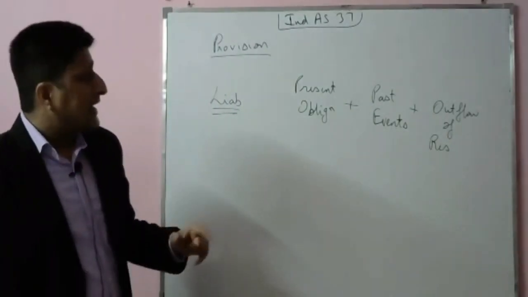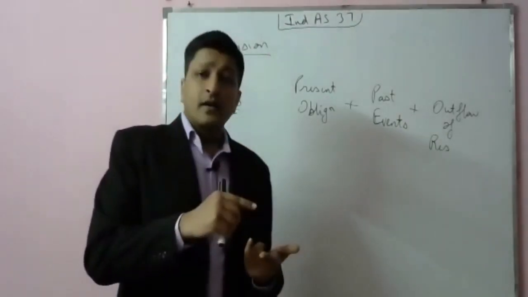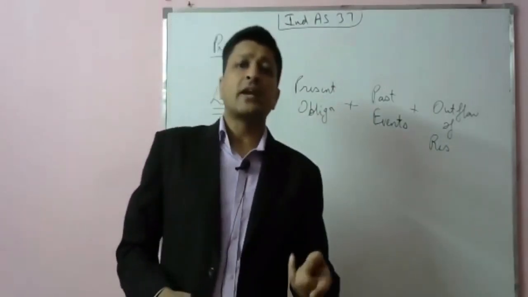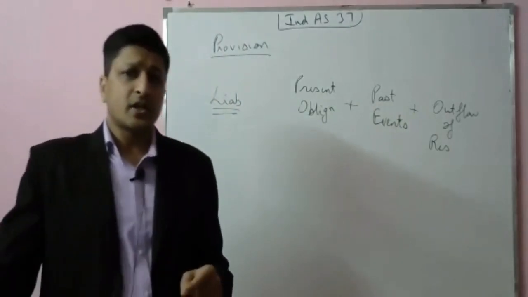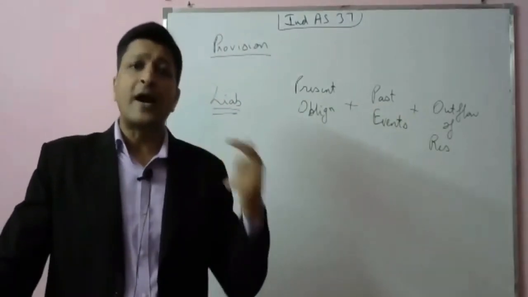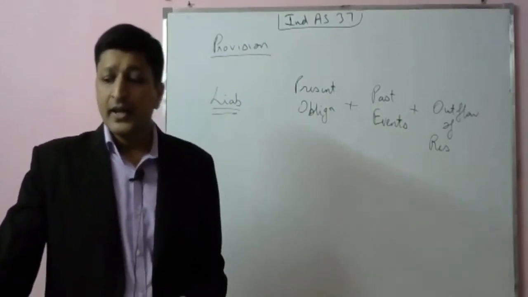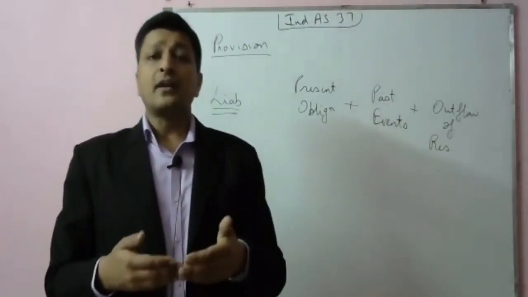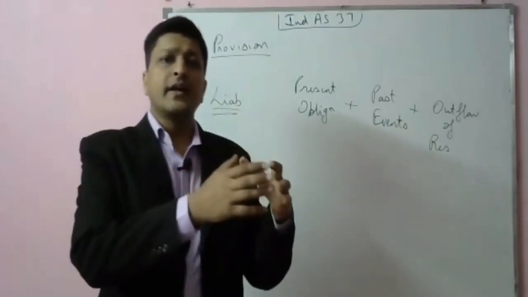Now, applying the same logic to any liability, what do we need? We need an obligation which cannot be avoided. So that means because of an obligation, if a payment is required to be made, or in other words, if we have to say that because of an obligation, we cannot avoid making the payment, so that will result in a liability.